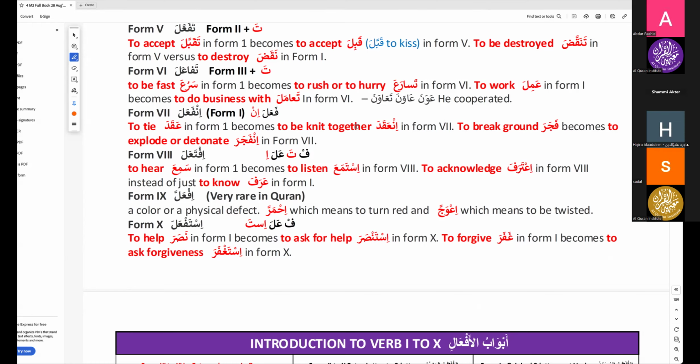Madi Mudari Amr Nahi, fa'il maful masdar, madi majhul mudari majhul. Excellent. Good. Keep repeating, sister, and then it will come to you. Or you can say it without looking at it.